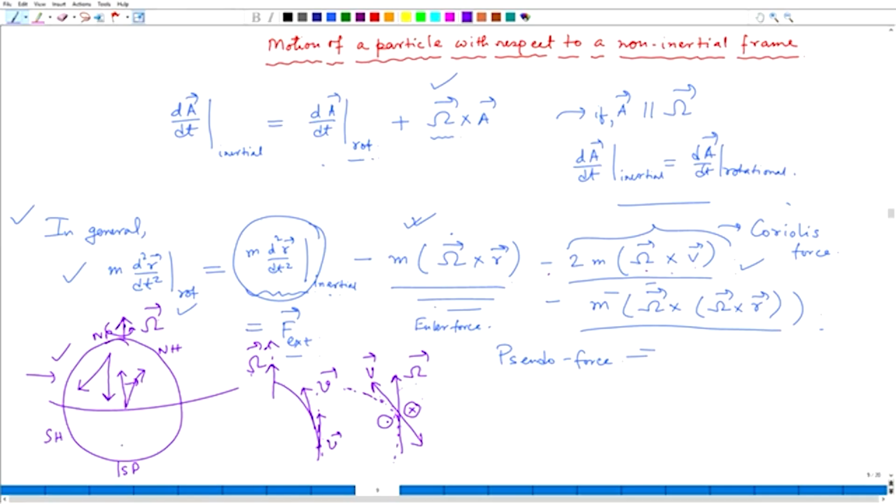For the southern hemisphere, you can actually understand the whole story like this. So, if you have this, so just you have the direction here as well, this is the direction of omega, okay, and then from the southern hemisphere, if some air is going from the equator towards the south pole, then its velocity will be directed like this.